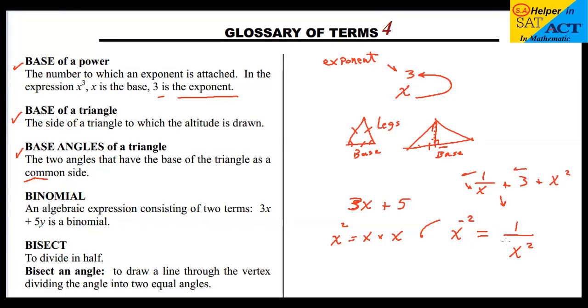The denominator called x to power أيا كان هنا باور 2 باور 3 باور n and must be 1 over.